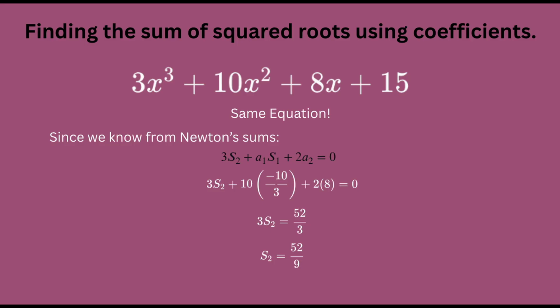Since we know from Newton's sums, 3 times S2 plus A1 times S1 plus 2 times A2 equals 0. 3 times S2 plus 10 times negative 10 over 3 plus 2 times 8 equals 0. That's just substituting the values into the equation. And then 3S2 equals 52 over 3, and S2 equals 52 over 9.